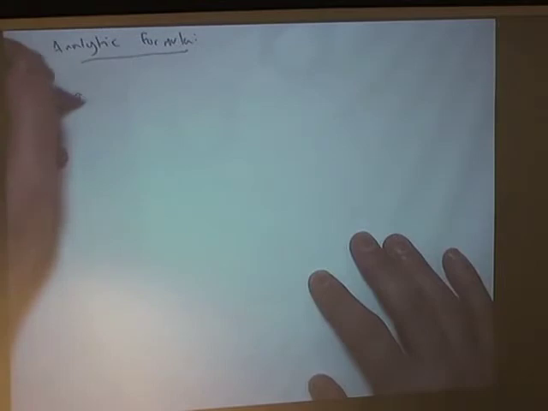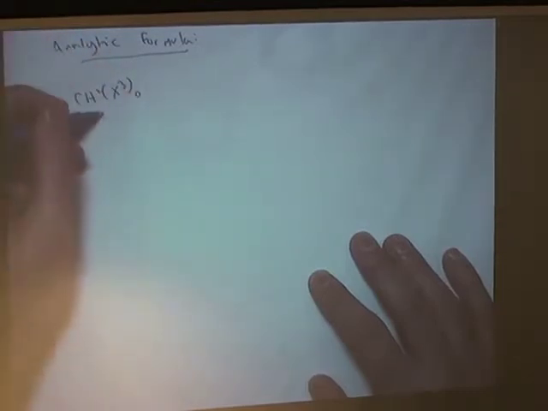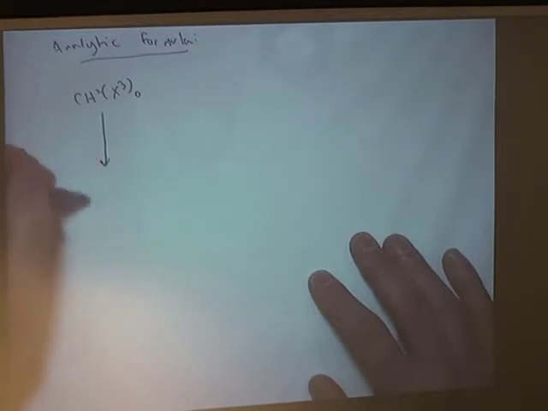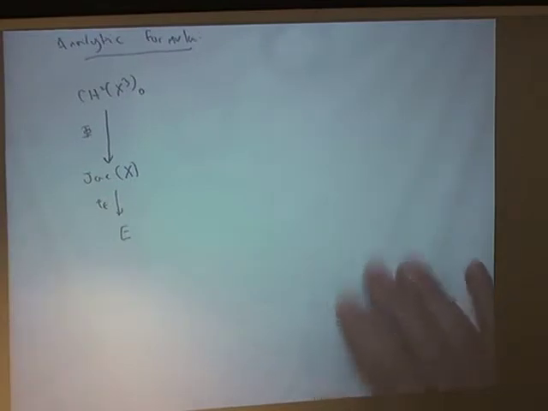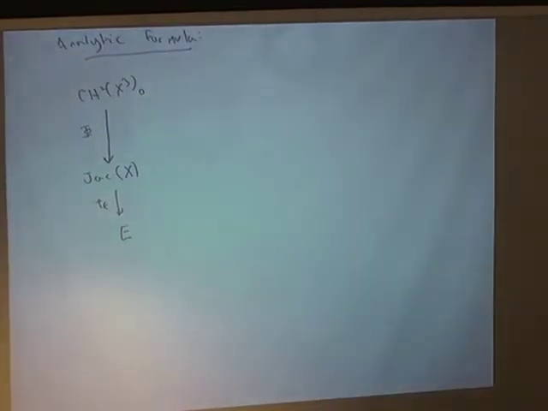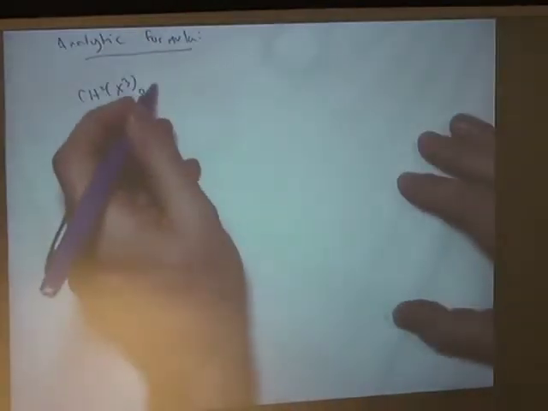We have the Chow group of codimension 2 cycles on X cubed, naught, and we want to compute this map phi to the Jacobian of the curve X, and maybe even compose that with some modular parameterization from the Jacobian of X to some elliptic curve in concrete situations.